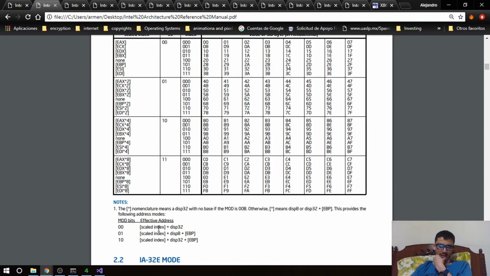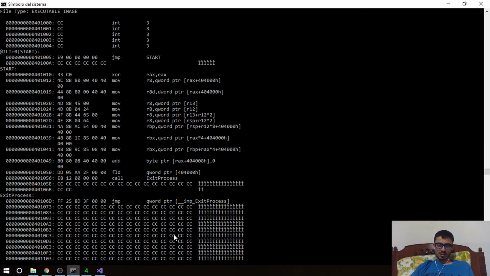We have the scale index plus a displacement. Well, it is a 32, but we were thinking about displacement 8, which is not encodable. It encoded the whole 32-bit thing there, which we didn't want.